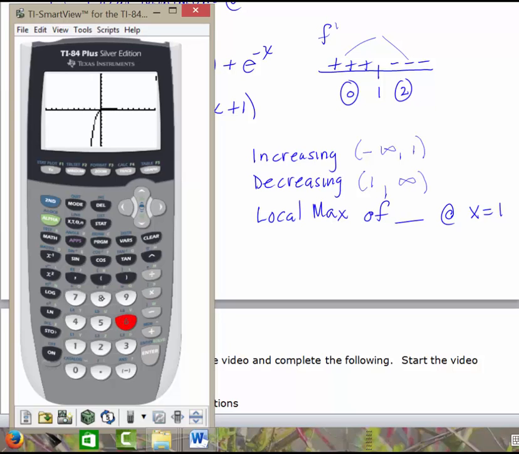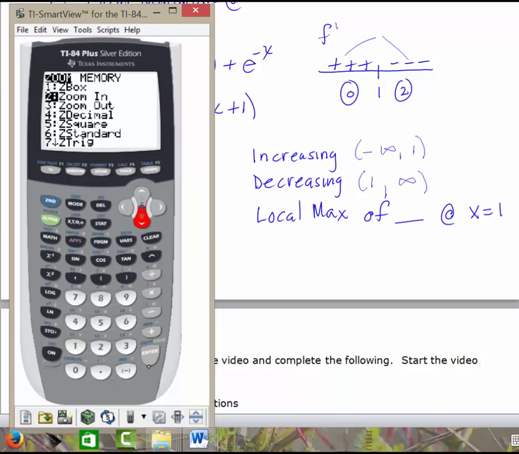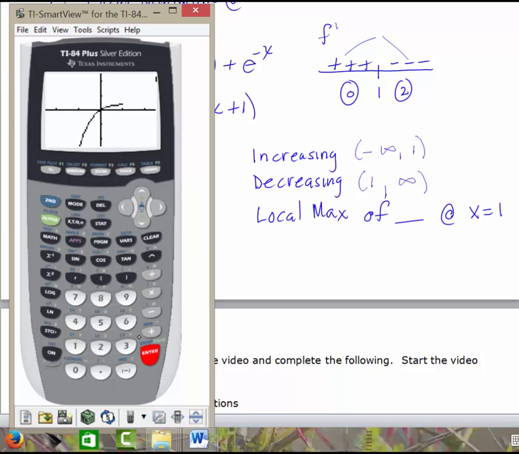I know my critical value, and I only have 1, it occurs at x equals 1, so you can play around with the window manually, or you can just zoom in and hit enter. We get a better visual here. And so if I trace on 1, you can see where our local max occurs, and the local max is approximately 0.368.